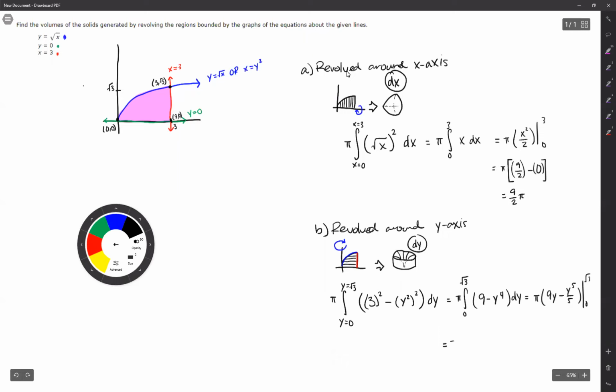Okay, so keeping the pi outside, when we plug in square root of 3, what do we get? We get 9 square root of 3 minus square root of 3 to the 5th over 5. And when we plug in 0, we get 0 minus 0. Okay, so we don't really have to think too much about that.